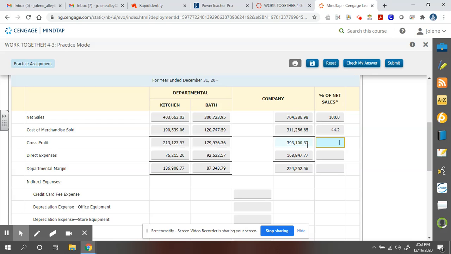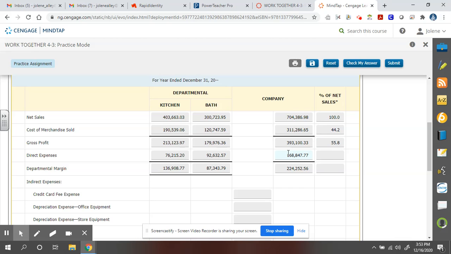I'm going to take my gross profit total here and divide it by my net sales. And I got 55.8. Now do this. 100 minus 44.2 gives you 55.8. Yeah.